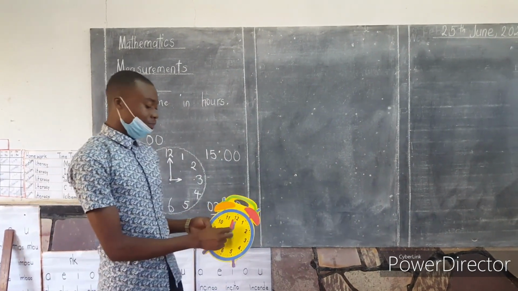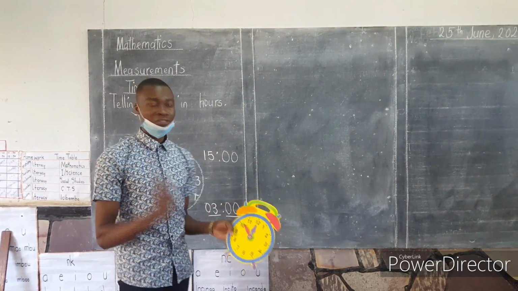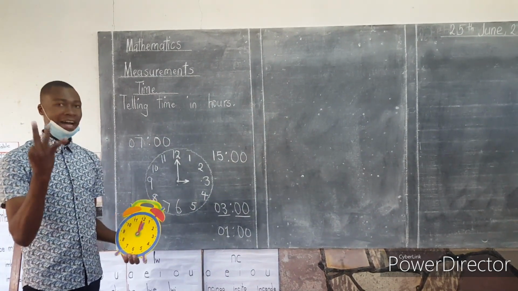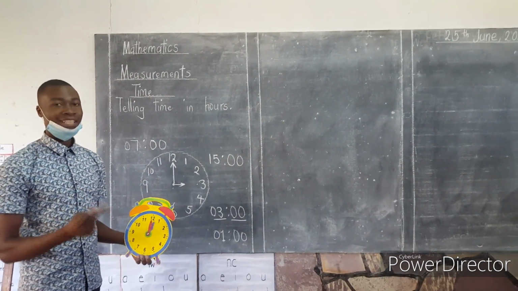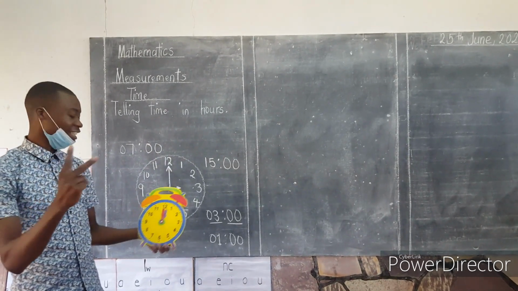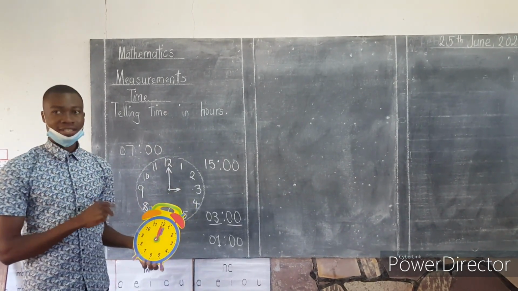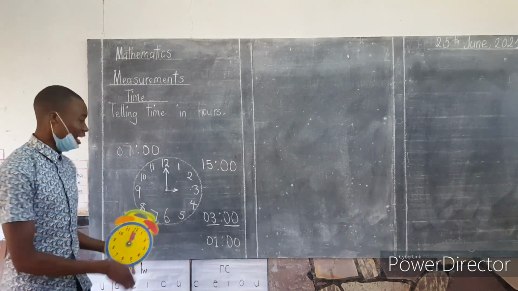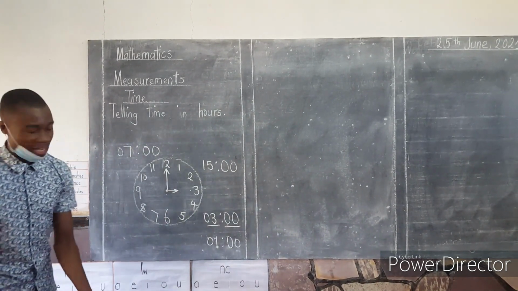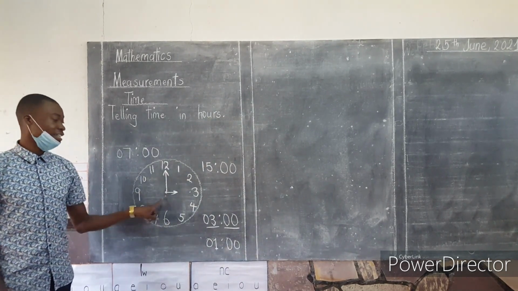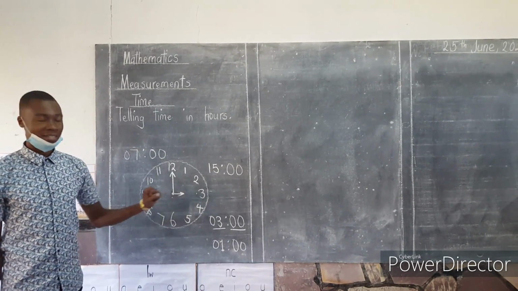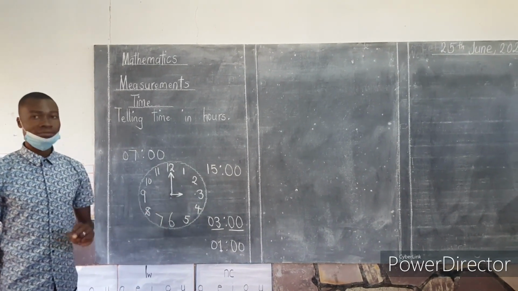Alright, so in our lesson we've discussed that there are 3 hands on the clock, but I just wanted us to look at 2 hands. We said the short hand and the long hand. I said the short hand shows hours, then the long hand shows minutes.